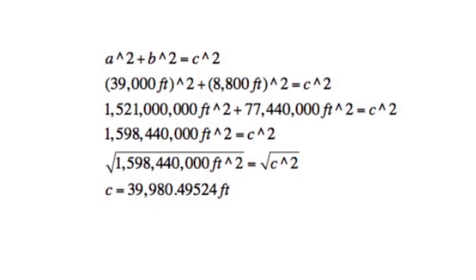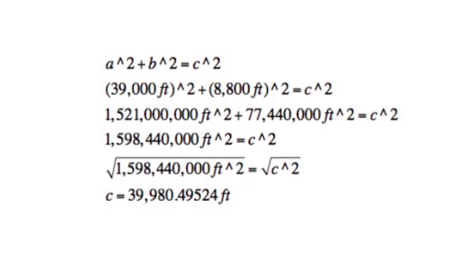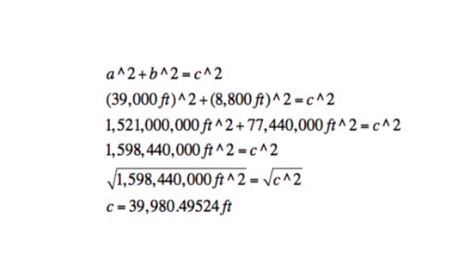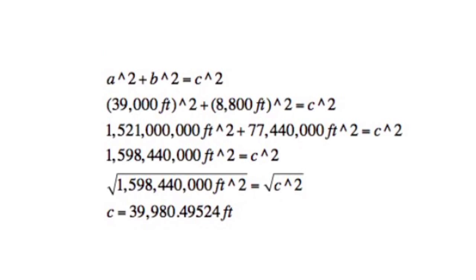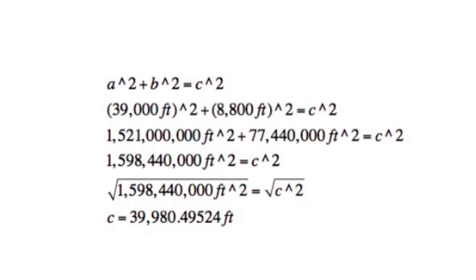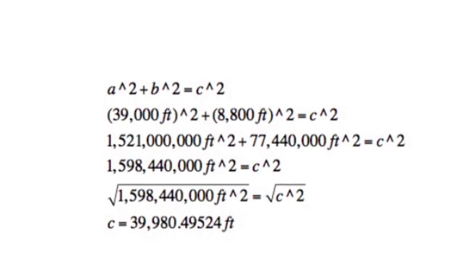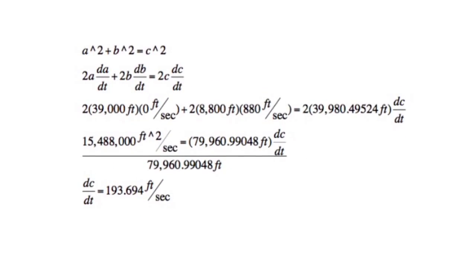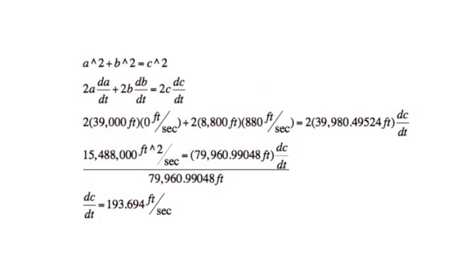We can calculate the distance between Pam and the airplane using the Pythagorean theorem. We can plug 39,000 feet into a and 8,800 feet into b to find c to be 39,980.49524 feet. Using what we found, we can calculate the rate at which the distance is changing.